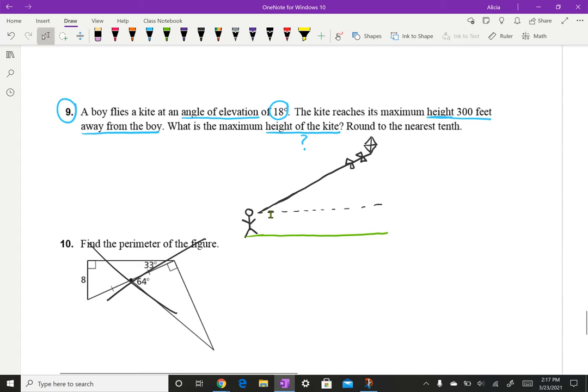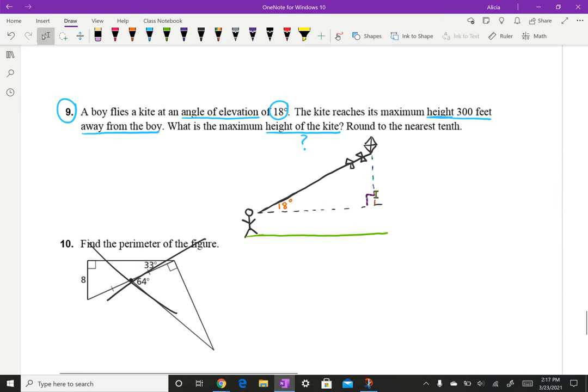So I'm looking up at 18 degrees, and that's this angle right there. Remember, this creates a right triangle if I draw these imaginary lines here and here. Again, angle of elevation is the upward line of sight with the horizontal line. Here's our horizontal line, here's the upward line of sight, and there's your angle of elevation, 18 degrees.